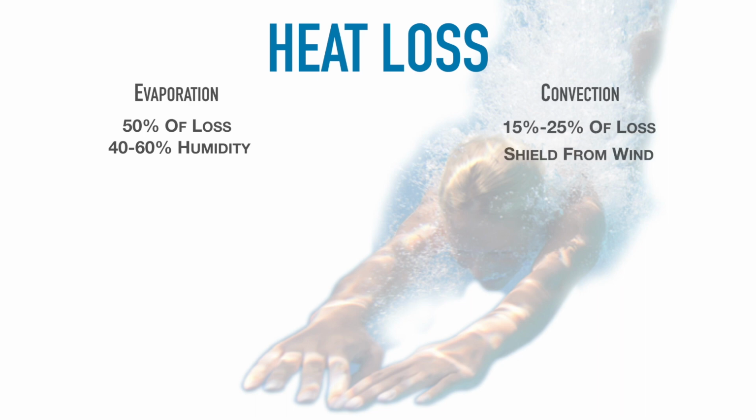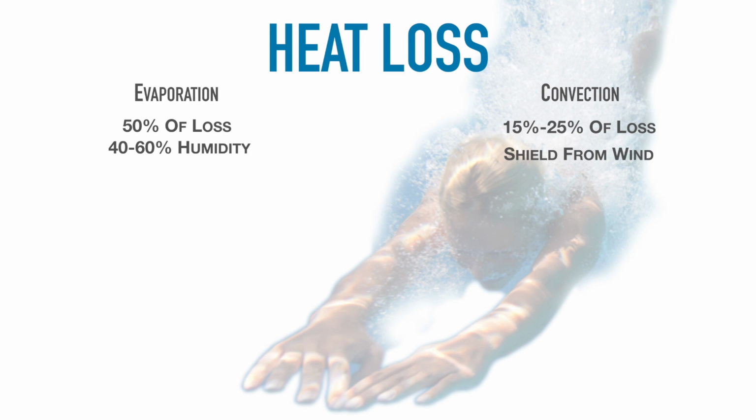Now, next we have convection heat loss. Think about when you get a cup of coffee. If you blow across the surface, it cools that coffee off. Same thing is going to happen with your swimming pools. Air or wind blows across the surface, grabs that heat, and takes it as a result. Now, the book recommends that you shield your pool from wind by installing trees or bushes.